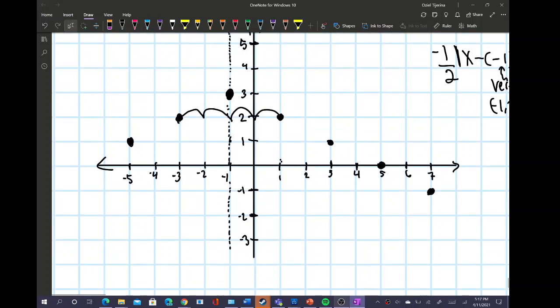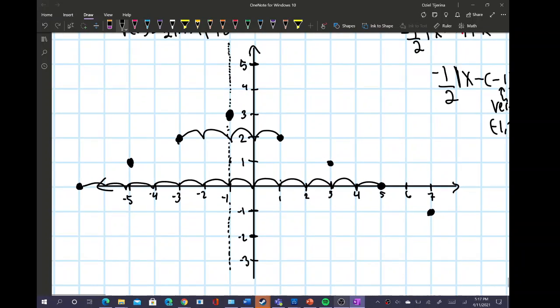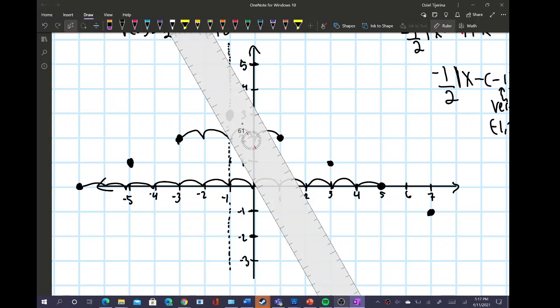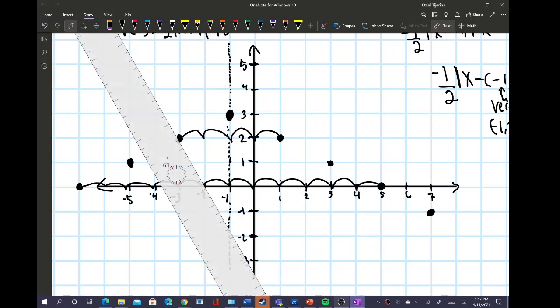And then you would say 1, 2, 3, 4, 5, 6. Really, it would be over here, but it's off the grid. So you wouldn't have to do all of it. In reality, it would look something like this.